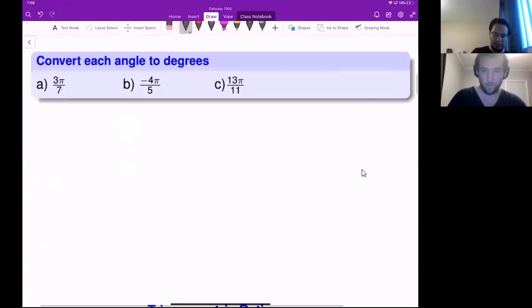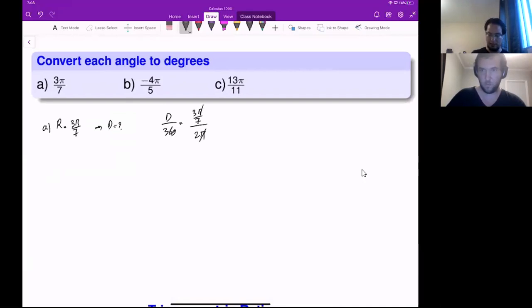So the other way around, in this case, r is 3 pi over 7. This is part A. Then what is d? So again, d out of the full revolution in degrees is 3 pi over 7 over the full revolution in radian.